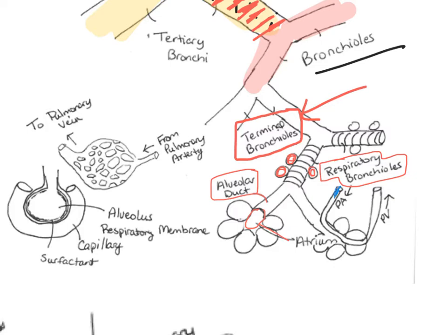It's bringing deoxygenated blood from the right side of the heart, and then at the alveoli, it's going to pick up oxygen. From there, it's going to return to the heart with oxygenated blood through the pulmonary veins, right?